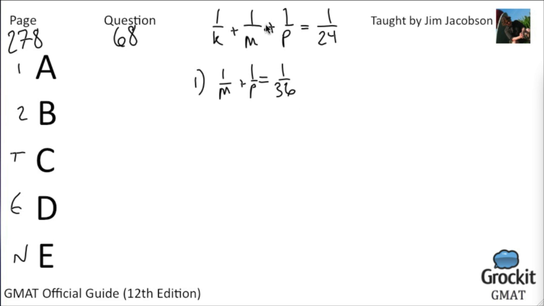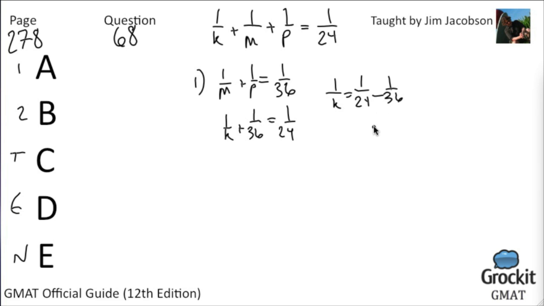And we have this same fraction up above. So 1 over K plus 1/36, which is 1 over M plus 1 over P, equals 1/24th. So 1 over K would end up being whatever 1/24th minus 1/36 is.